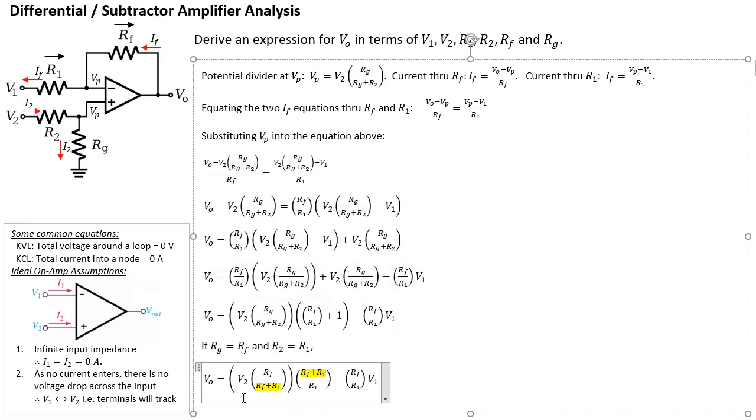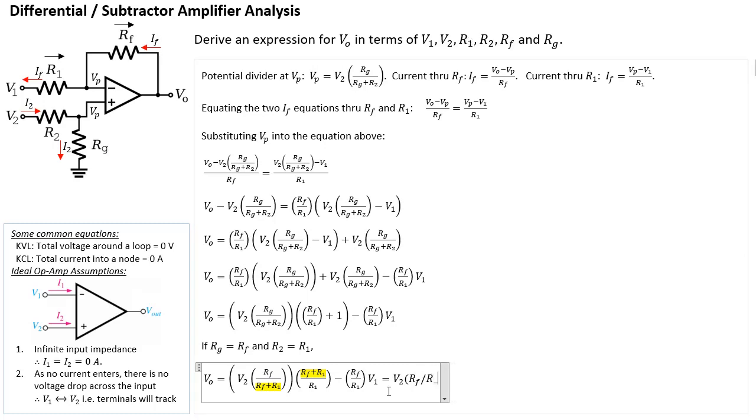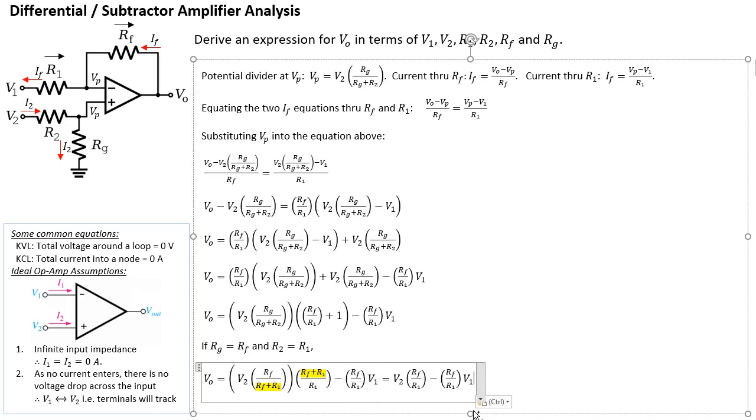Then what you're left with is a V2. So let's continue here. You have V2 equals, well, you're going to have V2 multiplied by what's left inside the bracket, which is RF over R1, and then minus virtually the same, the R1 part, which is this. You can further simplify because now there are common terms.